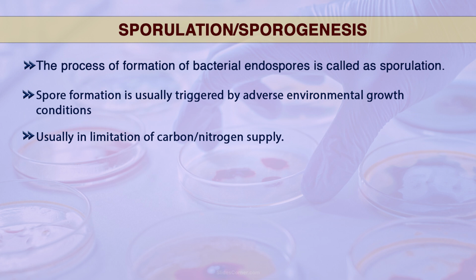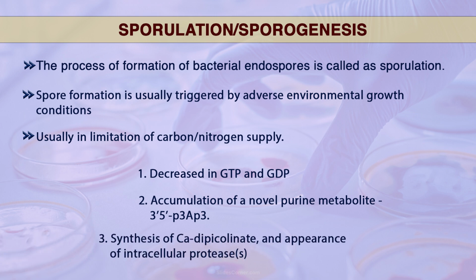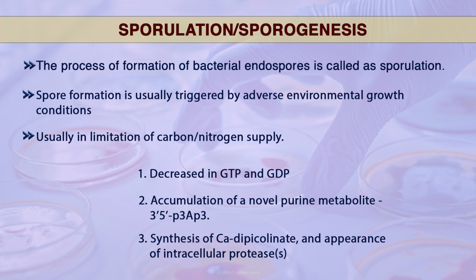Different biochemical events associated with sporulation are a decrease in GTP and GDP, accumulation of a novel purine metabolite, that is 3',5' P3AP3. The third is synthesis of calcium dipicolinate and appearance of intracellular protease.